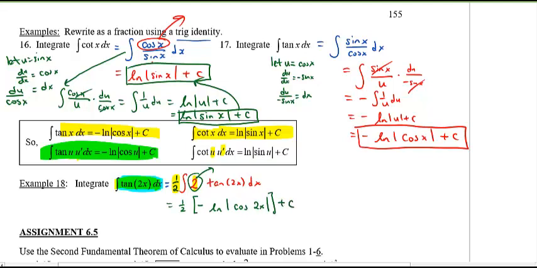If I wanted to write this a little bit nicer, I can combine the negative and the 1/2 to write negative half times the natural log of the absolute value of cosine 2x plus c. And you should put brackets around the 2x because the cosine is of the entire function 2x. And there you have it.